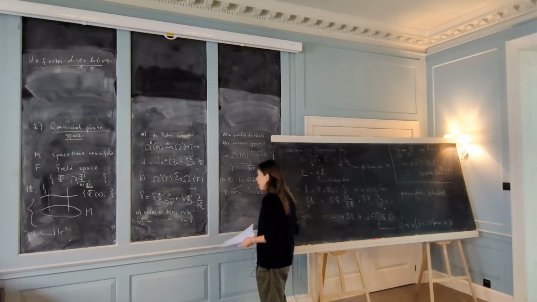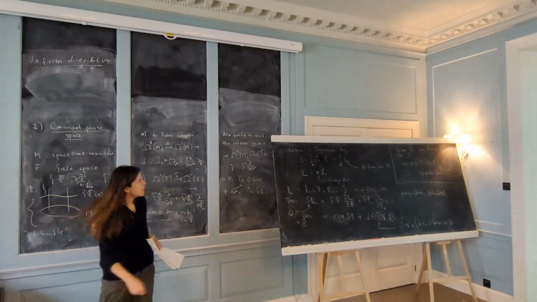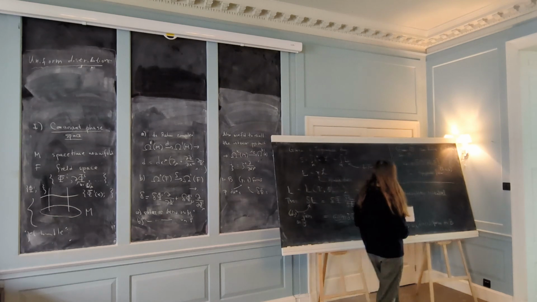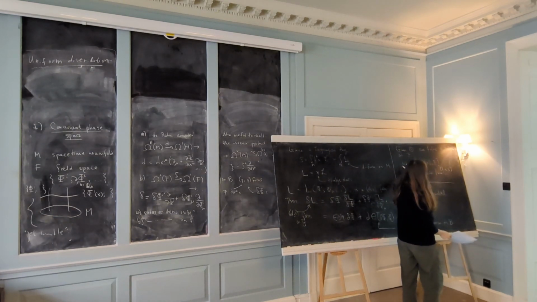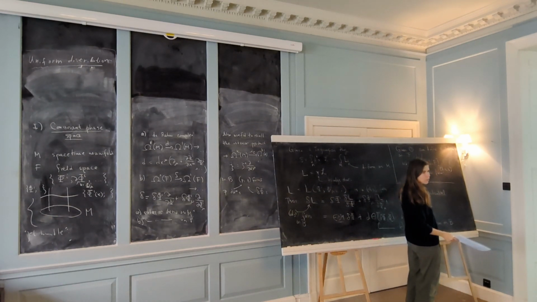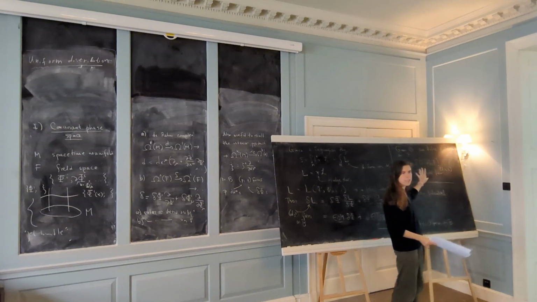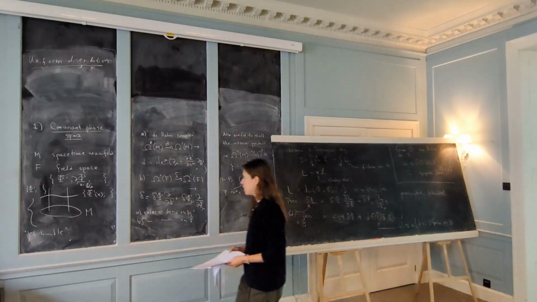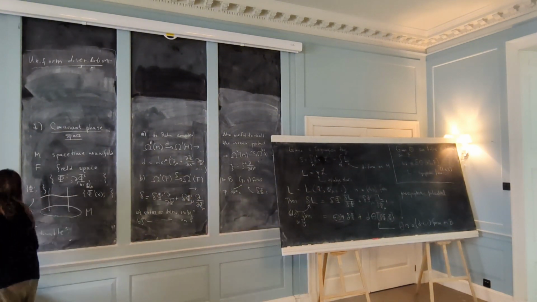So you can check that it has all required properties. I should have said it's a pre-symplectic form, because you also want to impose that this is non-degenerate. So then you also have to do that to obtain the symplectic form. But let me not go into these details right now.